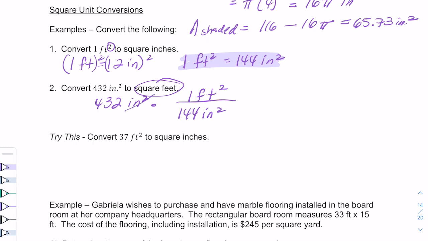So now the inches squared cancel, and all you're left with is 432 times 1 over 144. If you divide 432 by 144, you end up with 3 feet squared. So 432 inches squared is actually just 3 square feet.